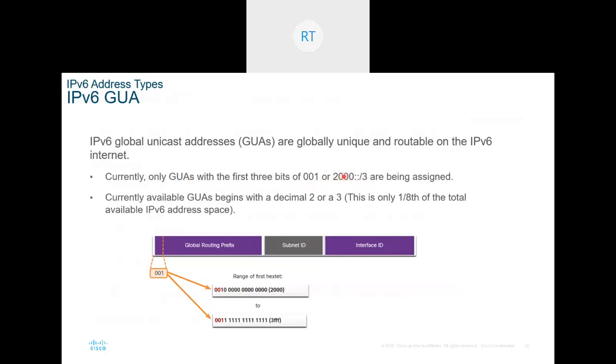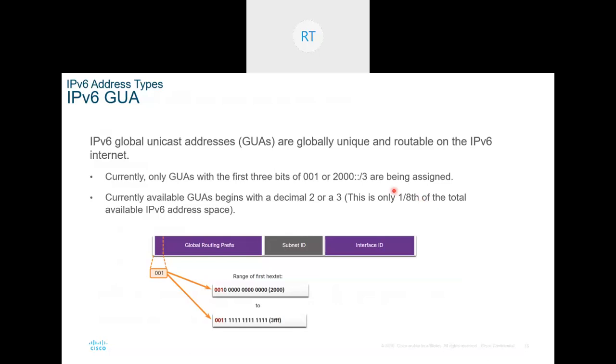This means that addresses that start with the first significant bits in this range are being assigned. This makes up only 1/8 of the total available IP version 6 address space.